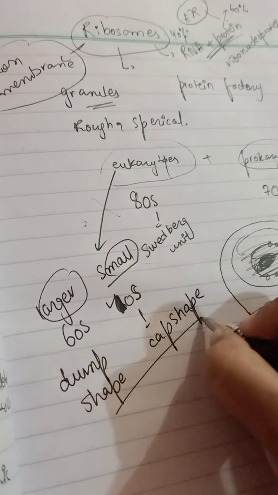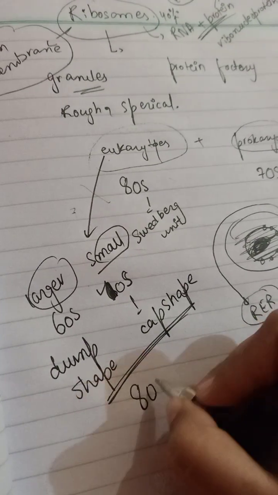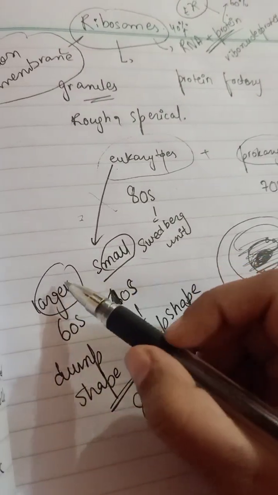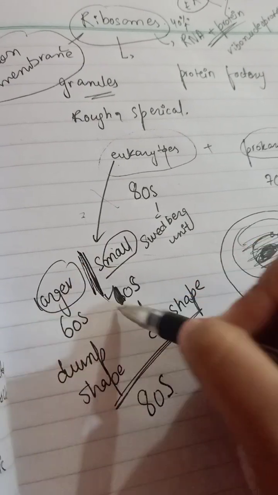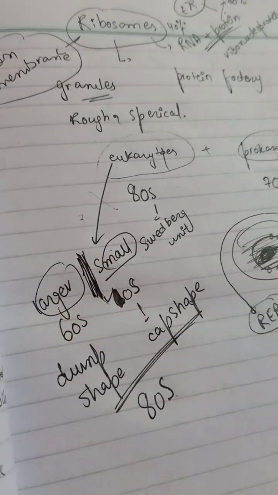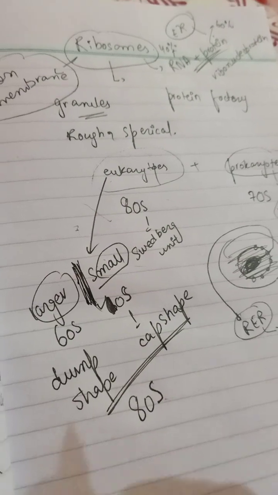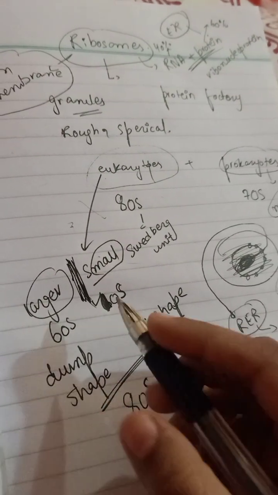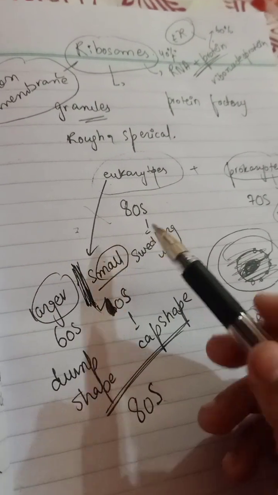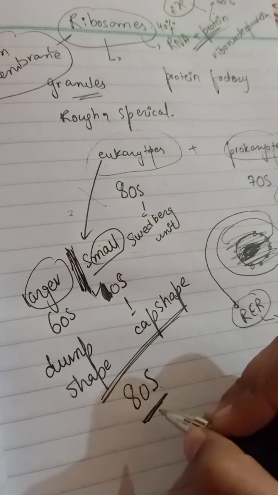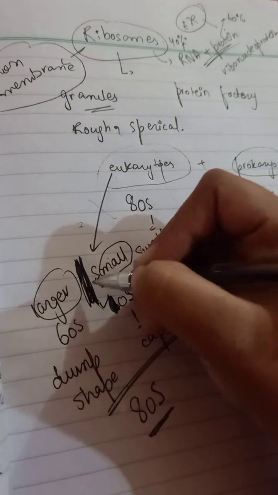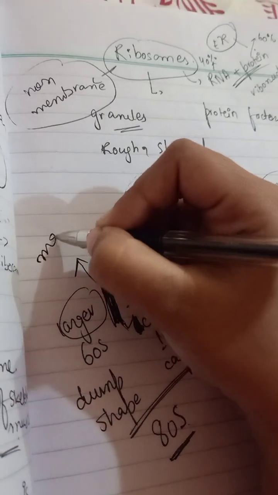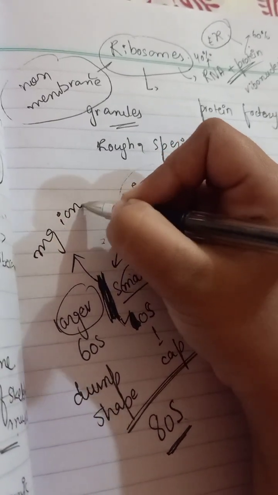Both join and form 80S, because there is a magnesium bond between them. When the two subunits attach, they form 80S. This attachment is just because of magnesium ions.